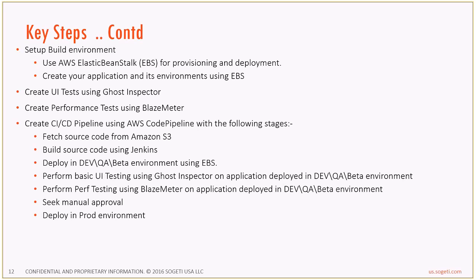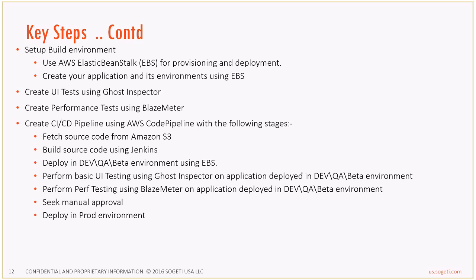Now just to keep this pipeline short and time bound, we have only created 2 environments. But if you want, you can certainly set up 4 different environments, each for dev, QA, pre-prod and prod. That is totally up to your discretion. But for this demo, we have only created 2 environments, beta and prod or pre-prod, as you might say. And both these environments are identical.